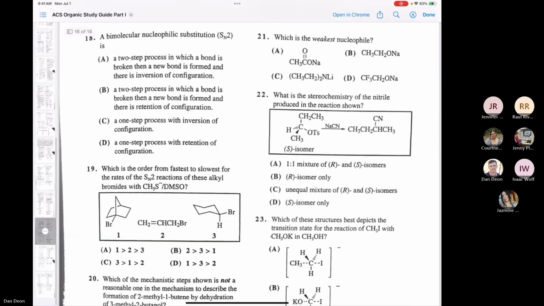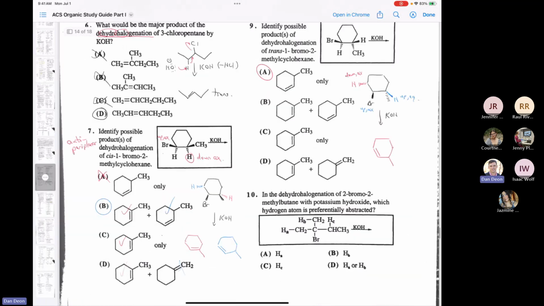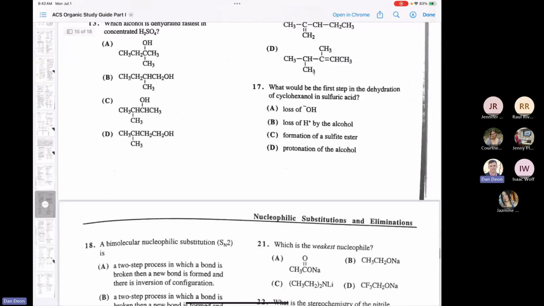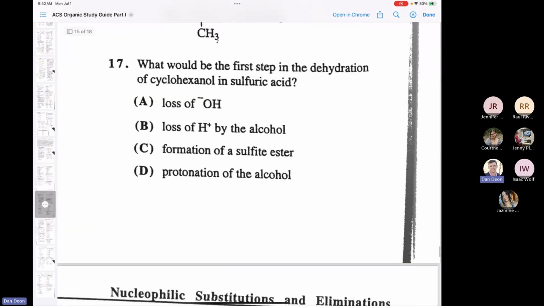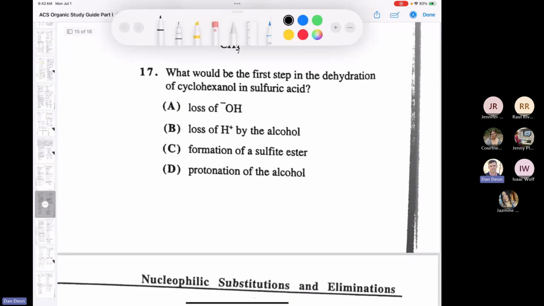We talked about alcohols and dehydration. If you have cyclohexanol, which is this compound, and you're doing a dehydration with sulfuric acid, H2SO4, you're going to end up with cyclohexene after you lose H2O.